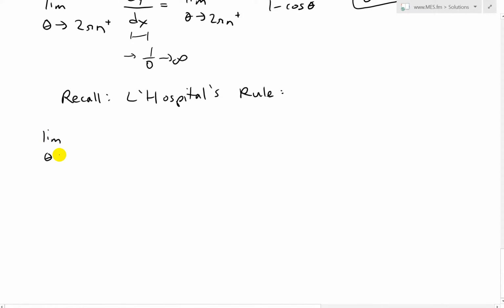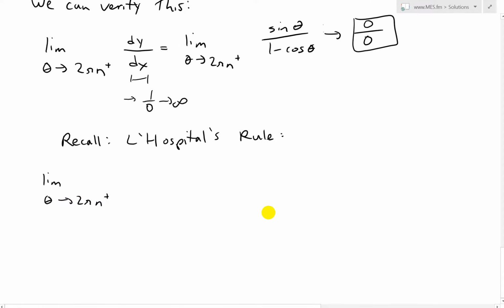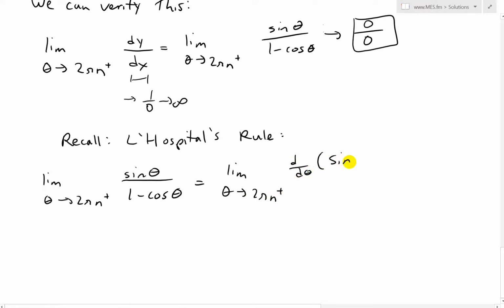So this limit as theta approaches 2 pi n from the right of sine theta over 1 minus cosine theta equals the limit as theta approaches 2 pi n plus of d over d theta of sine theta over d over d theta of 1 minus cosine theta.